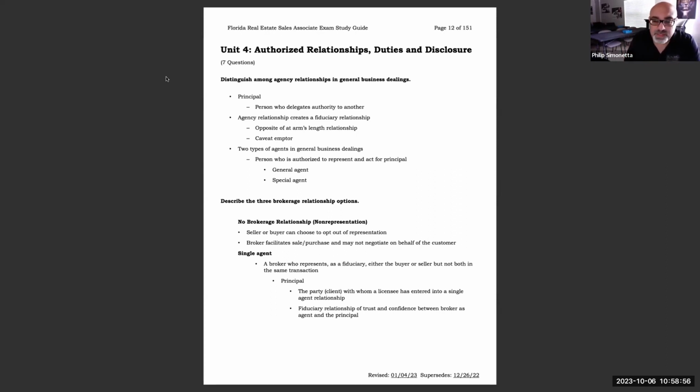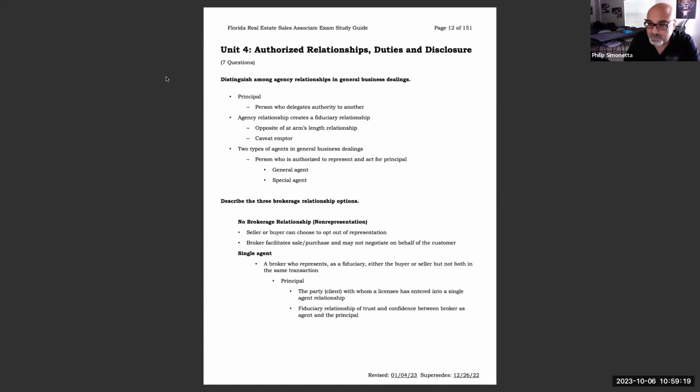Now we need to be able to describe the 3 brokerage relationship options. The first option is a no brokerage relationship. That's where there's non-representation. The seller or buyer can choose to opt out of this representation. The broker will facilitate the sale and purchase and may not negotiate or work on behalf of the customer.